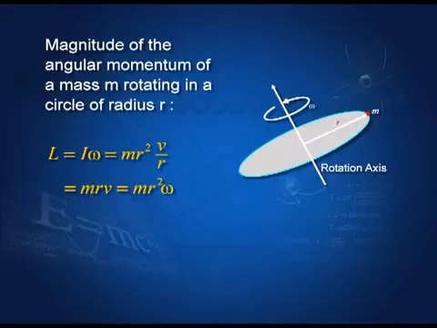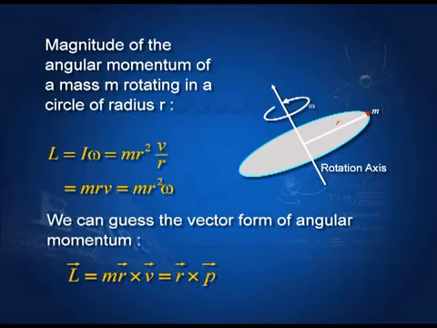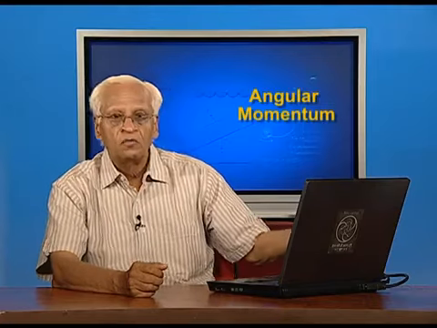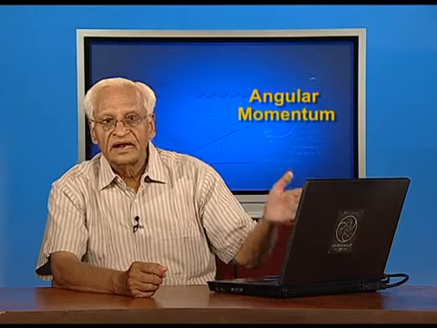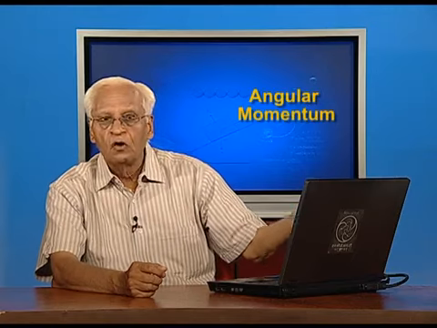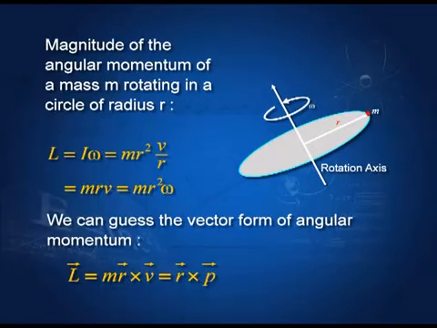And from this magnitude L equal to m r v, we can guess what the vector form of L would be: m r crossed v, the cross product of vectors r and v multiplied by m, or the cross product of vectors r and p. That is the mathematical expression of the angular momentum.